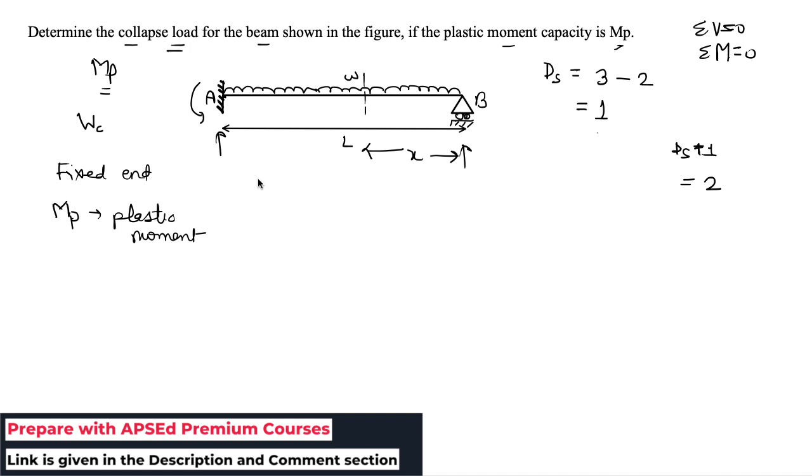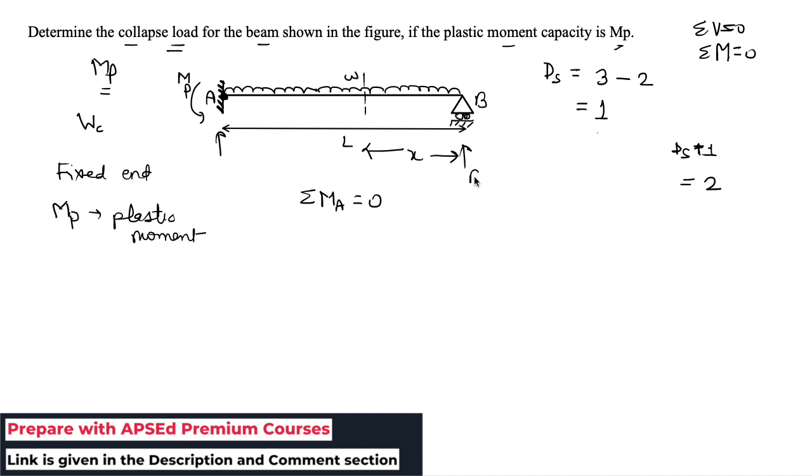So we can say at the collapse, when one hinge has formed here, what will be the reactions. So if hinge has formed here, plastic moment at hinge will be MP. Then if we write the summation of moments about point A, sigma MA is equal to 0.